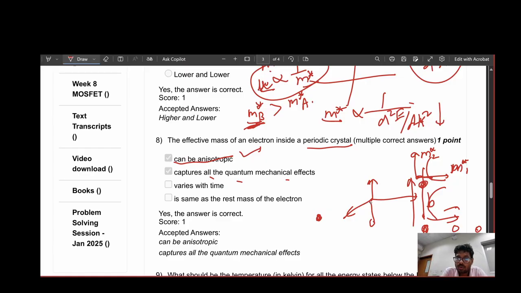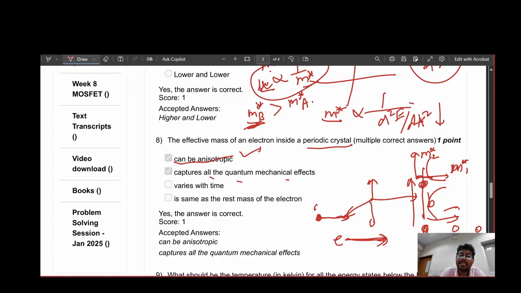If an electron is moving in free space, in vacuum, there is no atom and nothing there, so it moves freely.